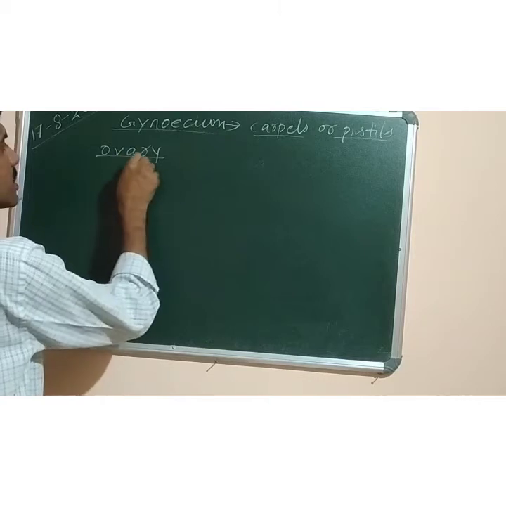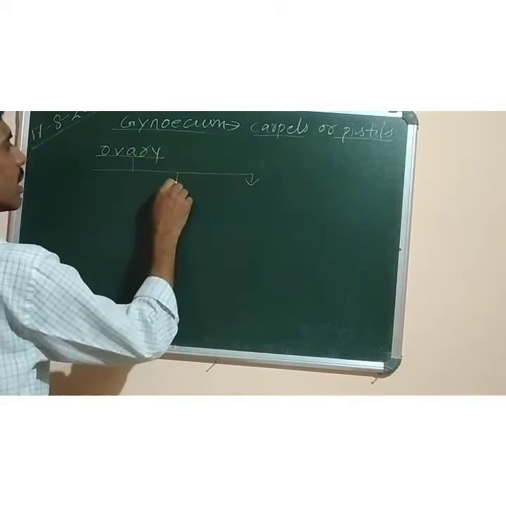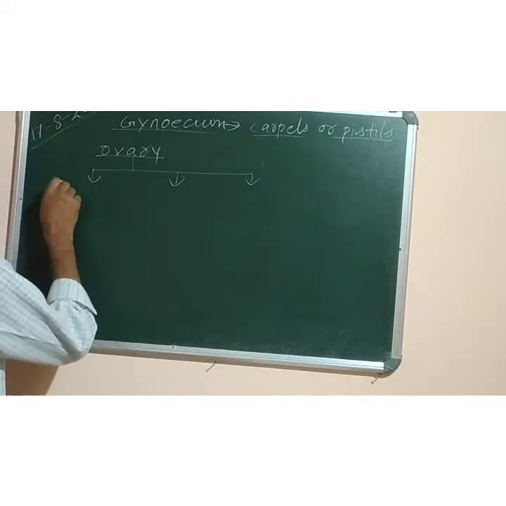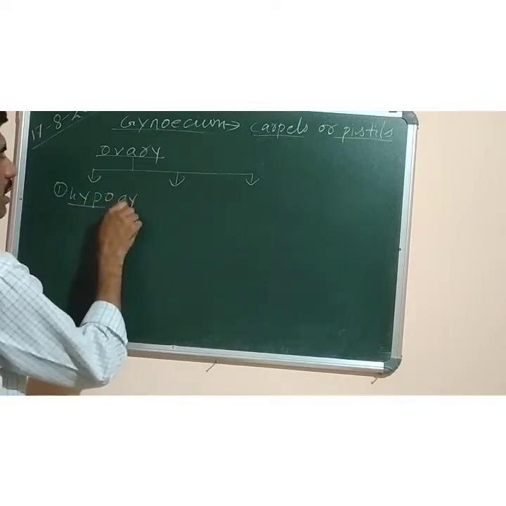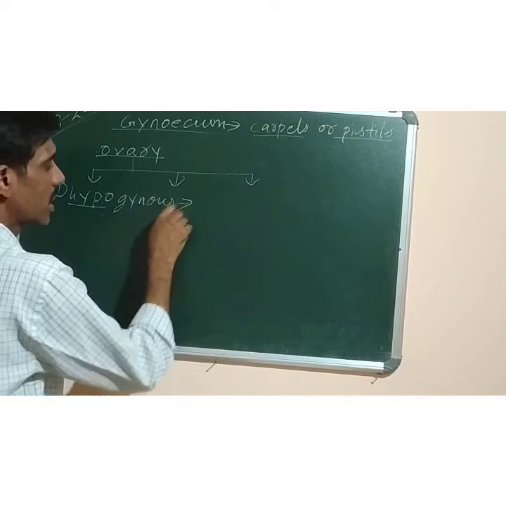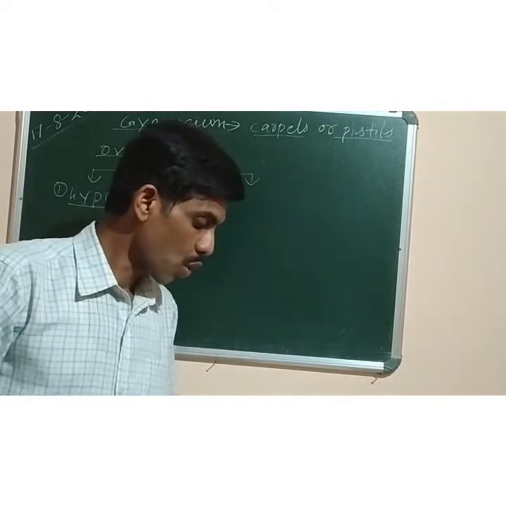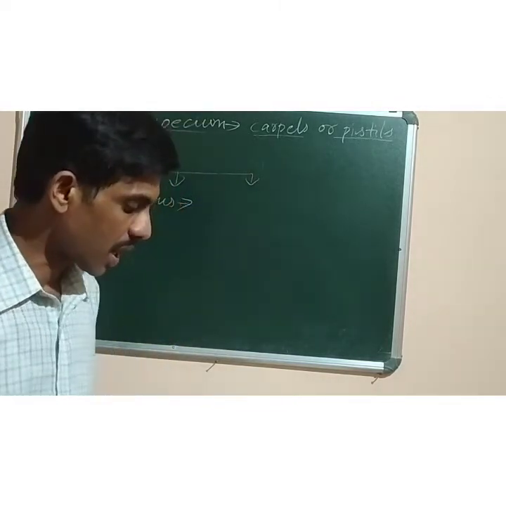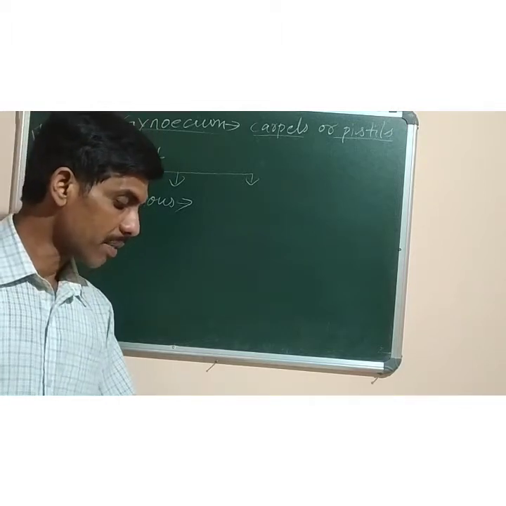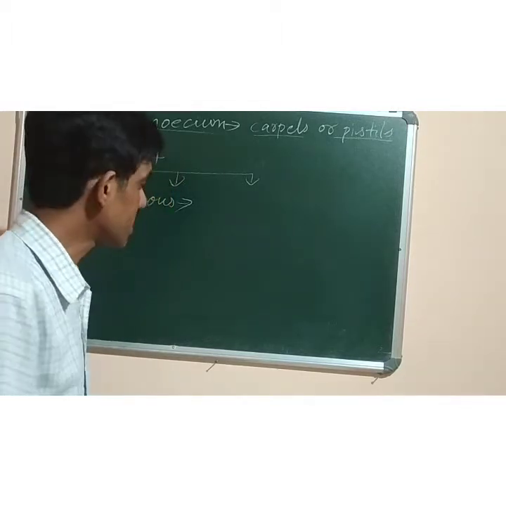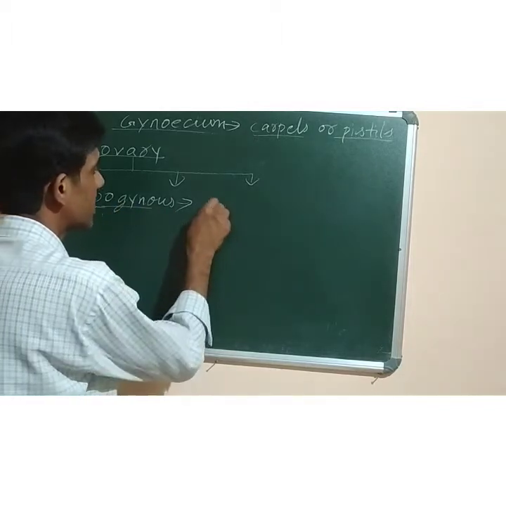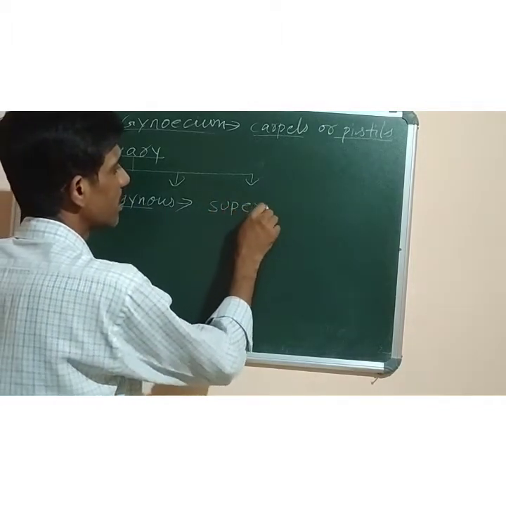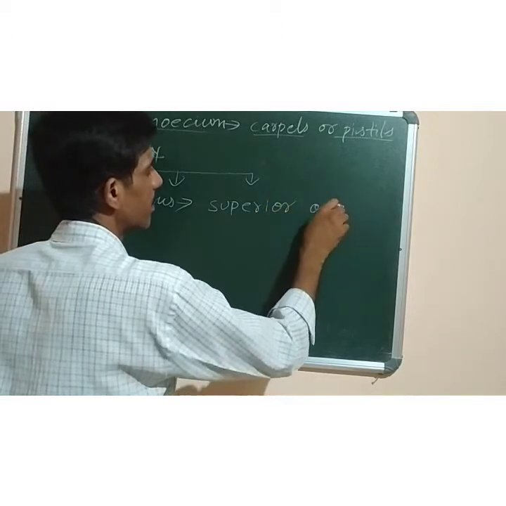Hypo means below. The hypogynous definition is the ovary is attached above the other 3 whorls. Such an ovary is also called superior ovary.